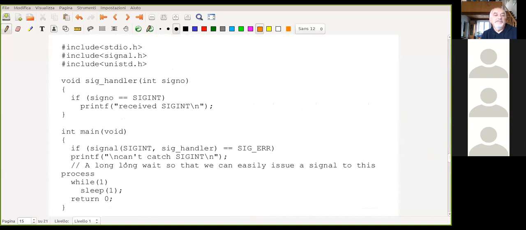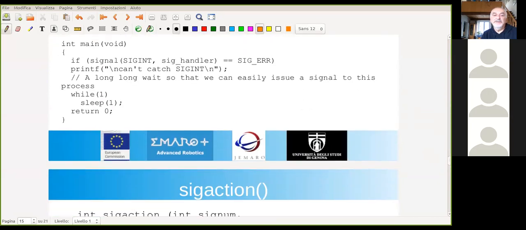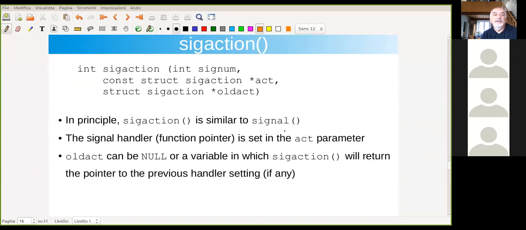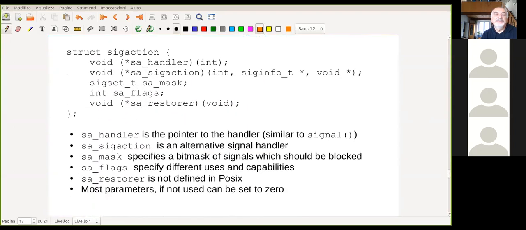You see, very simple. But if you use the sigaction is a bit more complex. This is the signal. You must specify the structure of type sigaction. A pointer to this. This is not much important. You will see here how is the sigaction made.